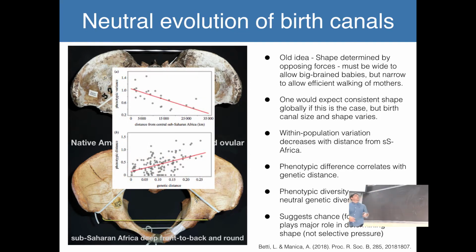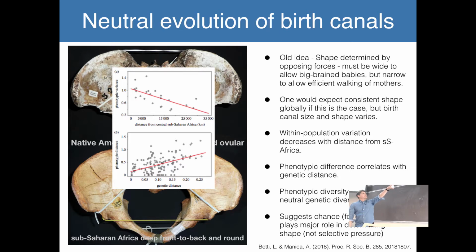So that is the illustration. On the top graph, the horizontal axis is distance from central sub-Saharan Africa, and the y-axis is phenotypic variation. So it's declining as you move away. This is the progressively smaller and smaller samples that are founding these new populations.